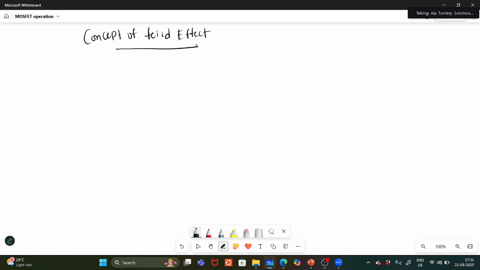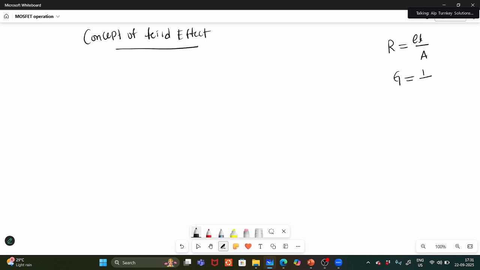Next, the concept of field effect. What is this concept? You know that R equals rho L by A, where R is the resistance.